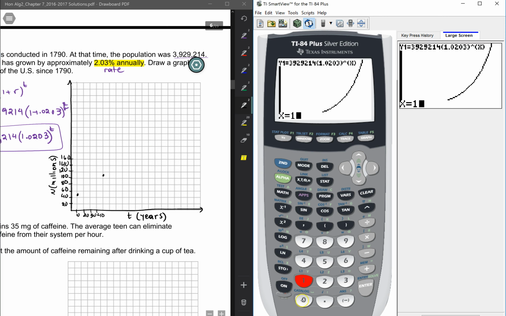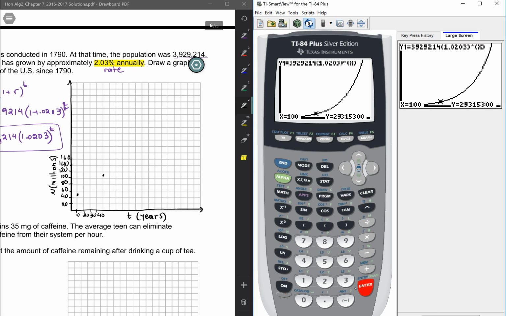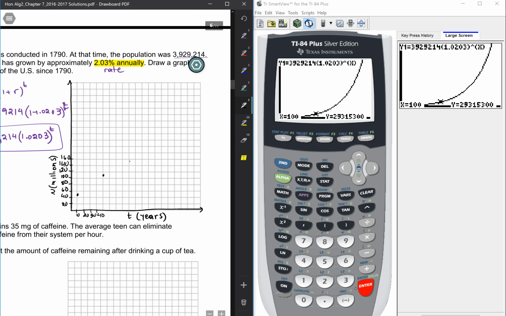Okay, at 100, 293 million. Do you see how you can then make your graph? I'm going up by tens.